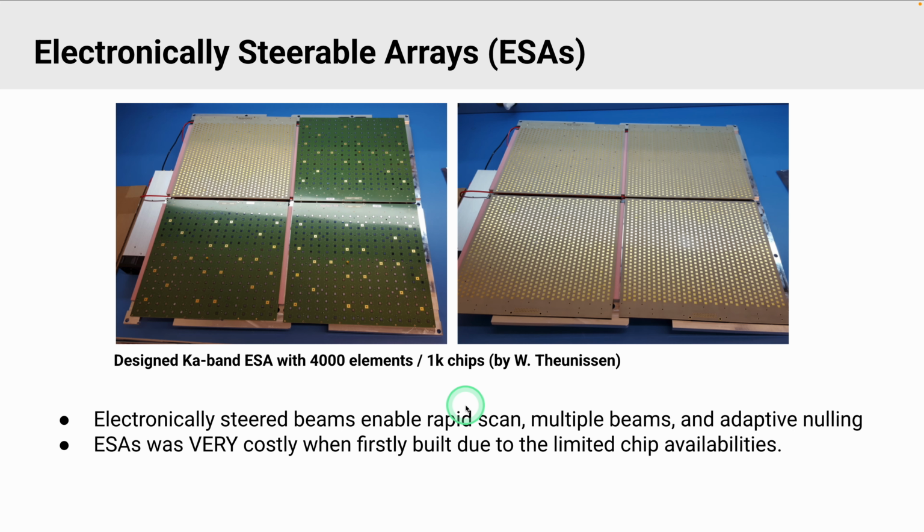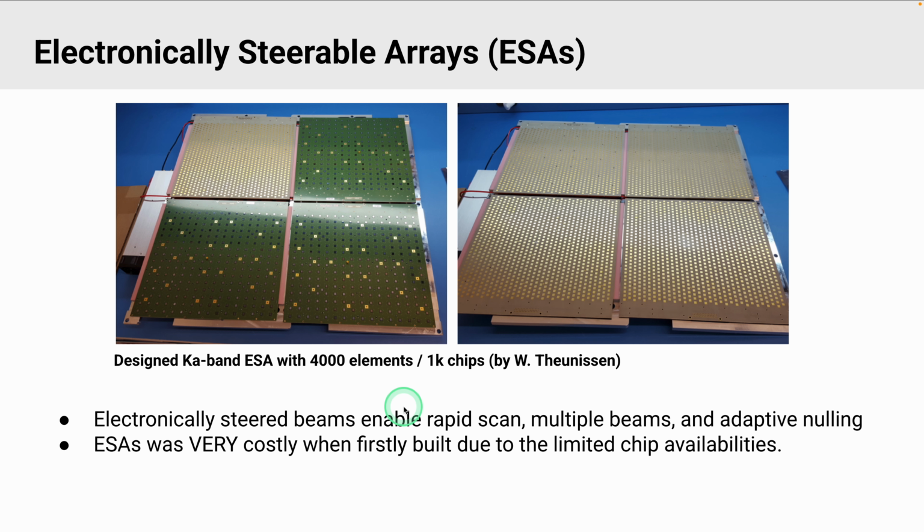Electronically steerable antennas, or ESAs, offer incredible flexibility in beamforming and steering, as well as system benefits like leveraging lower power amplifiers and running spatial power combining. However, our initial design of ESA suffered an extremely high cost due to the limited chip availability back then.